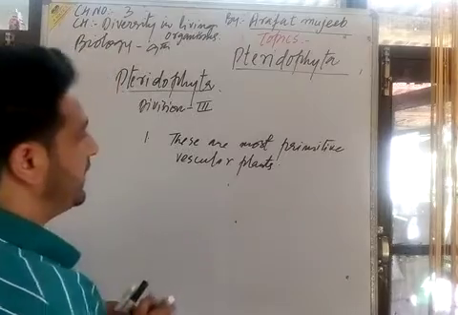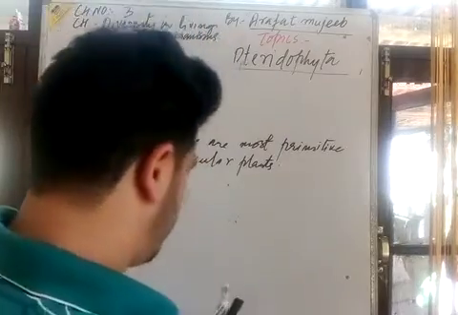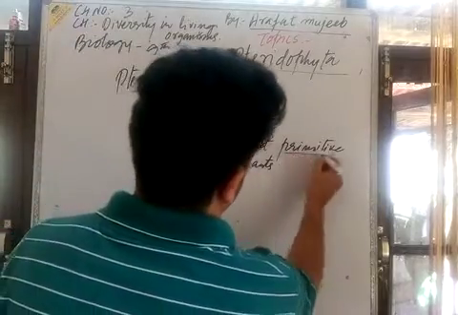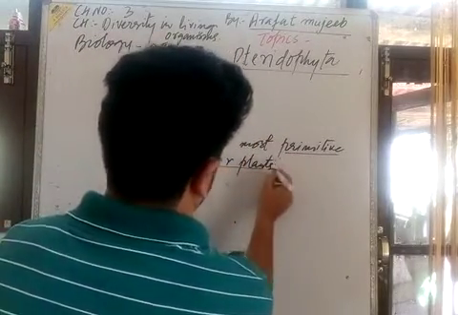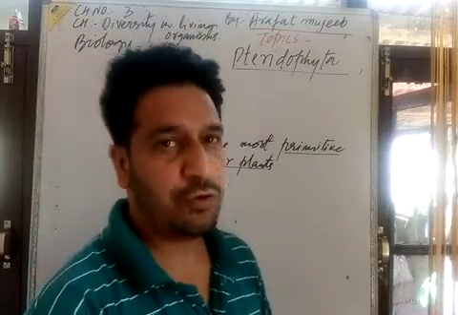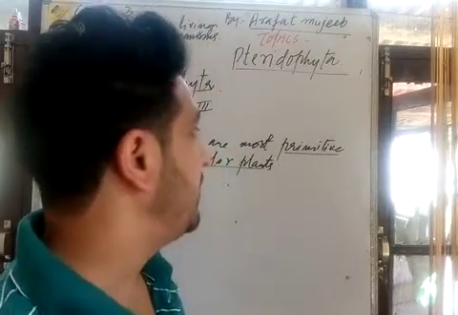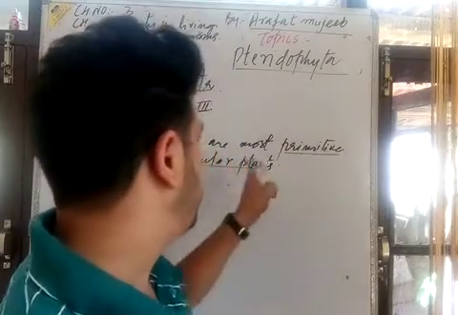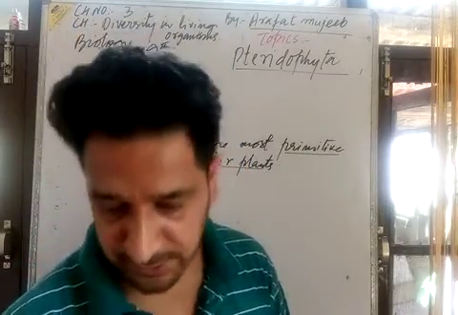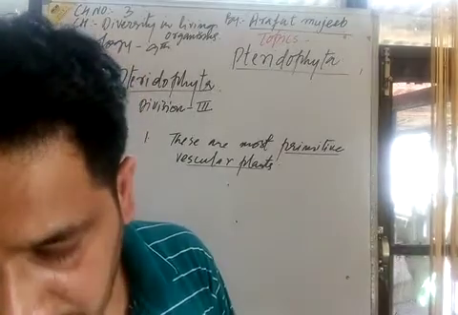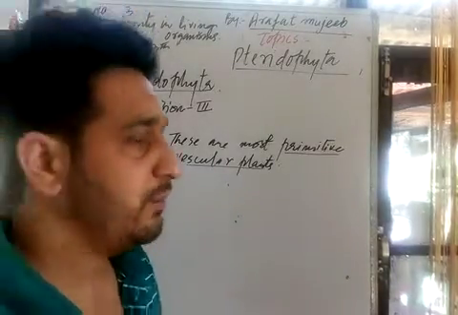They are very old, the first primitive vascular plants. That means they are primitive, other vascular plants arise from pteridophyta. That means most primitive and vascular plants. That means they have the vessels, that means conducting vessels, xylem and phloem.